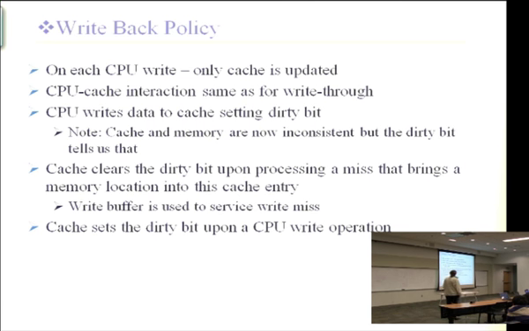So cache clears the dirty bit upon processing a miss that brings a memory location into this cache entry. And in this case, you would think that we don't need the write buffer because the CPU is not going to write to memory that often. And that's correct. But you can use that write buffer to service a write miss.